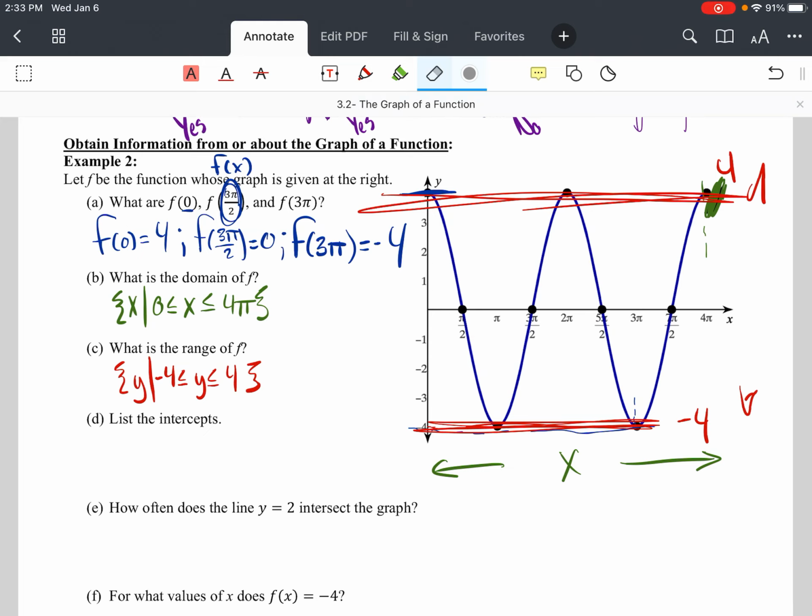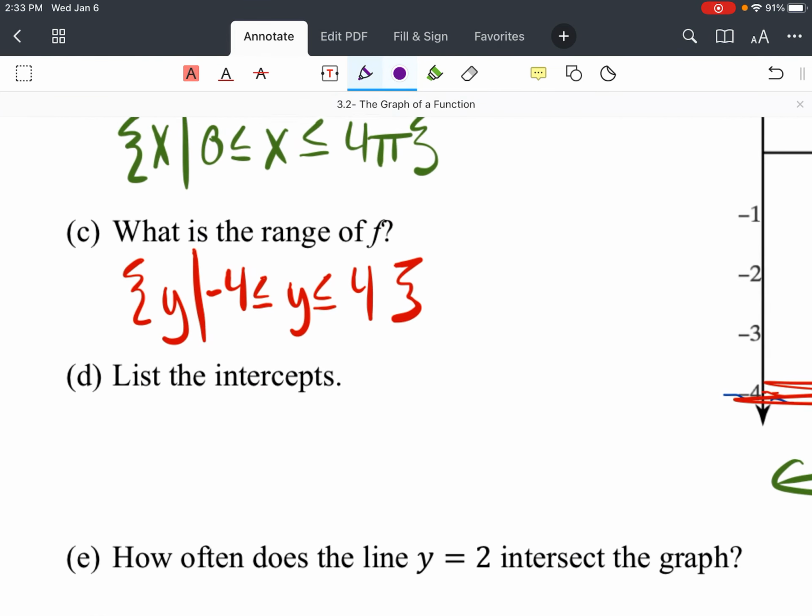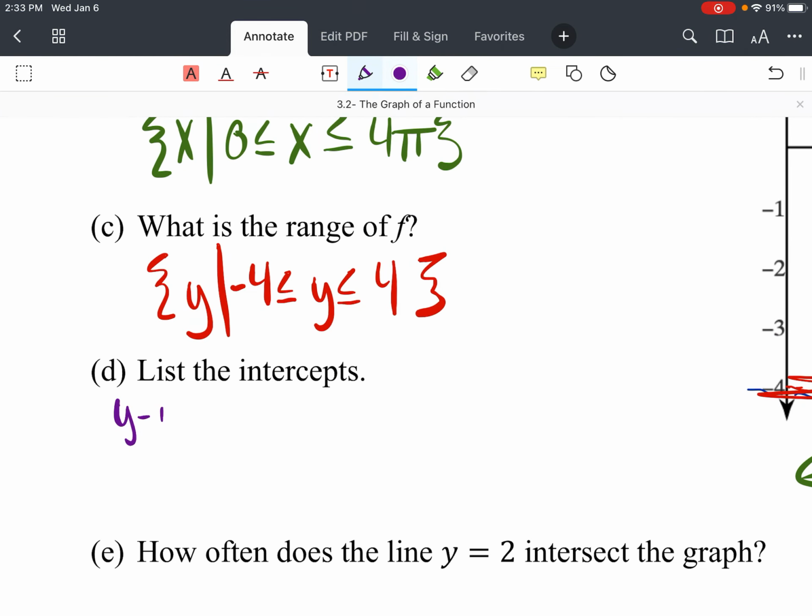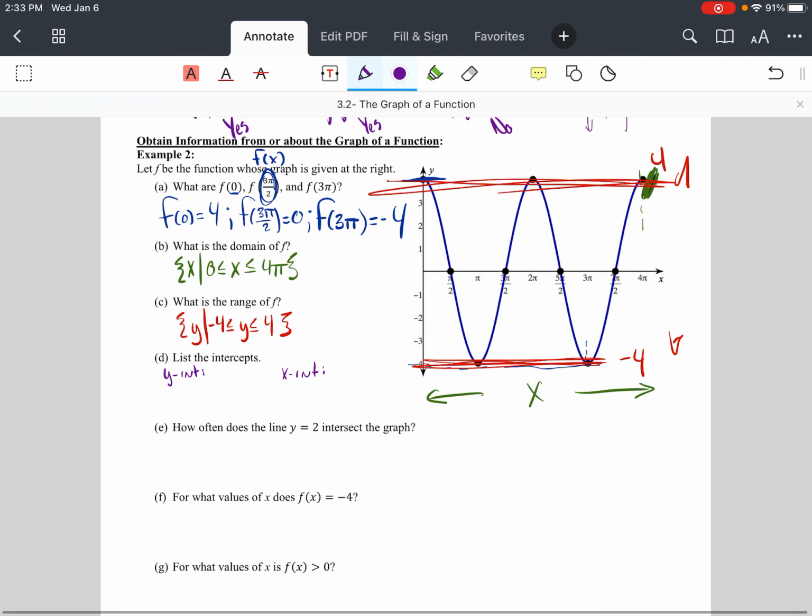All right, so now it says we want to list all of the intercepts. Remember that whenever we're dealing with intercepts, we actually have two different types of intercepts. We have y-intercepts, and we have x-intercepts. Y-intercepts, recall, is where it crosses the y-axis, and x-intercept is where it crosses the x-axis.